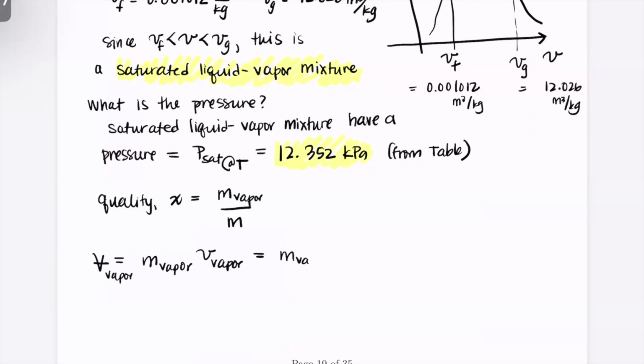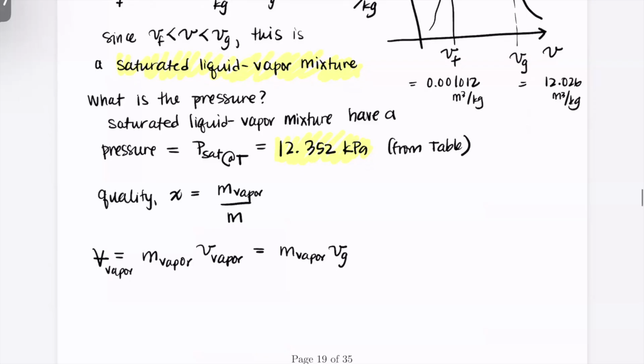So we have M vapor Vg. And we also know that the volume of the liquid is the mass of the liquid times Vf.